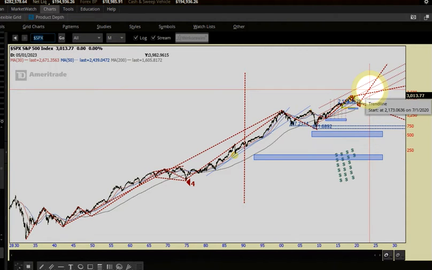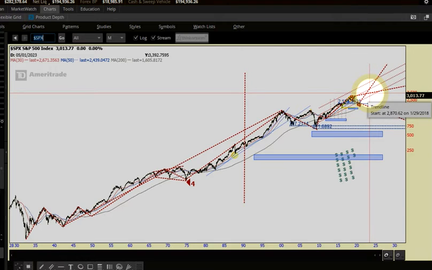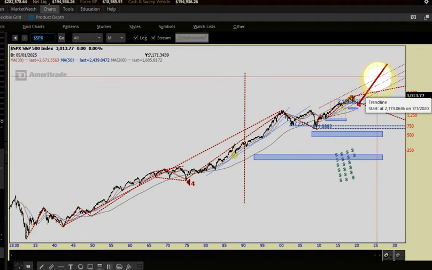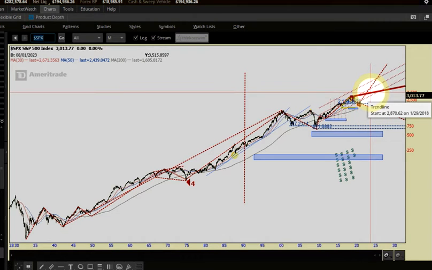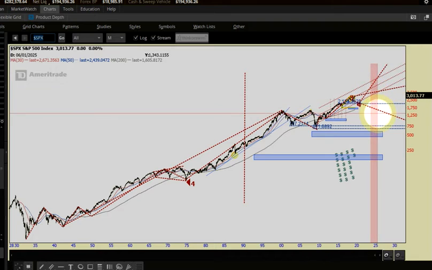It's probably not going to be that high. Probably more like right here. Let's say 3,500.